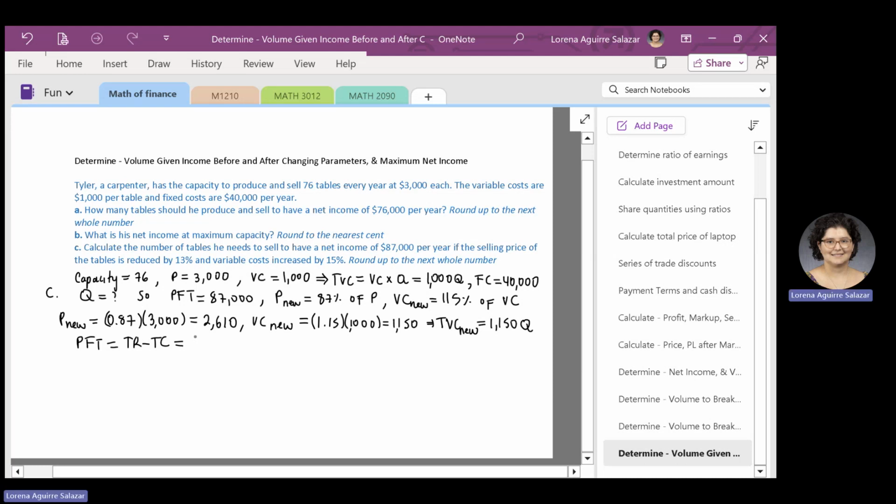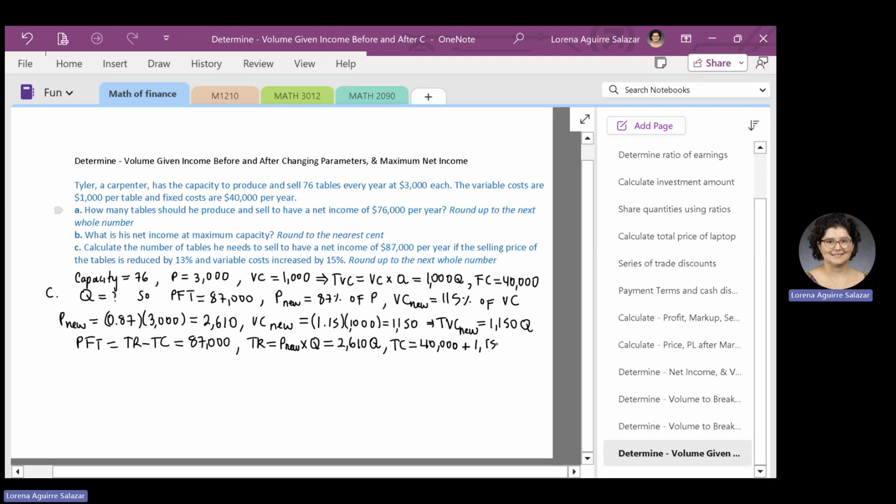Now the total revenue comes from multiplying the price at which tables are sold by the number of units sold. We have 2,610 times Q. While the total costs come from adding fixed costs and the total variable costs. So we have 40,000 plus 1,150 times Q.